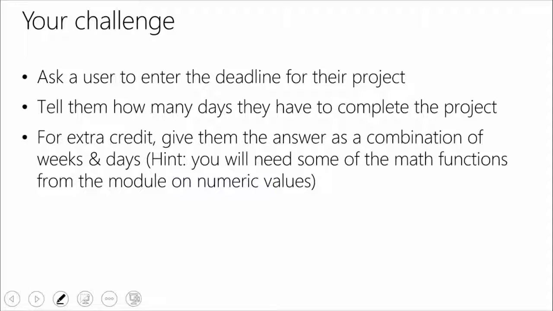Okay, so with that, I have a challenge. All right, and this one, be prepared. You've seen us struggling with the formats of this one, so this one's going to be a little more difficult for you because you're going to have to deal with some of the formatting issues. So what you want to do, ask your user, give you a deadline, figure out how many days it is that they're going to have, maybe also go ahead and give it to them in some combination of like weeks and days.